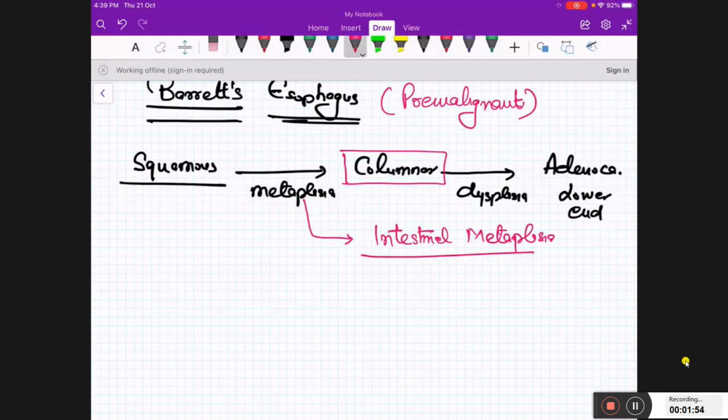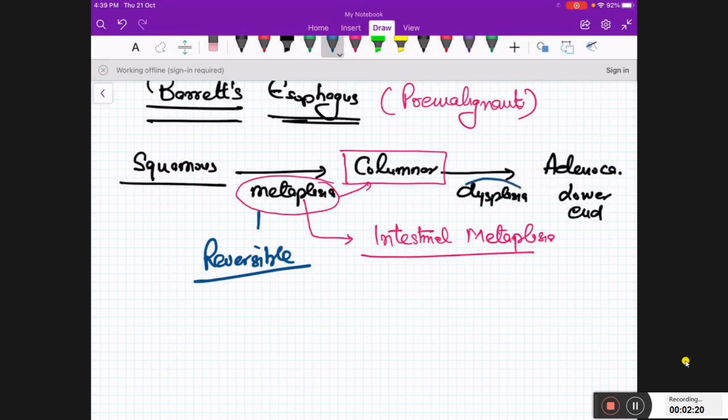Now, another very important thing which we should remember: this squamous lining of the esophagus is changing to columnar. So when it is in the stage of metaplasia, important point, highlight that in the notes, it is reversible. You can reverse this metaplasia if you intervene at the right time.